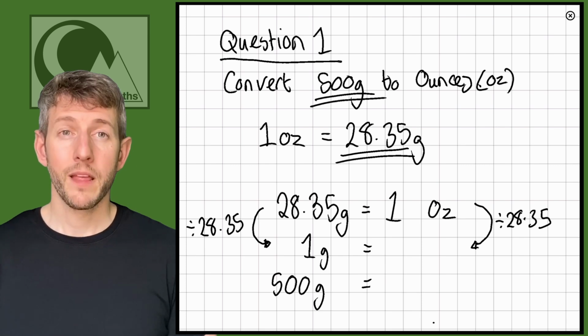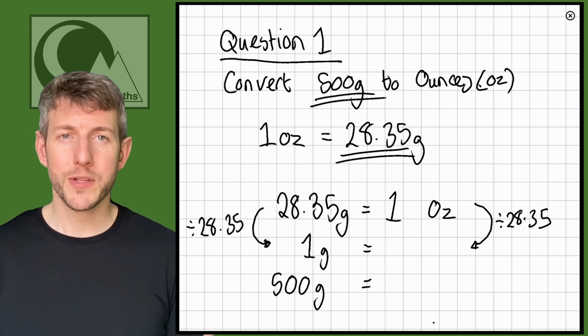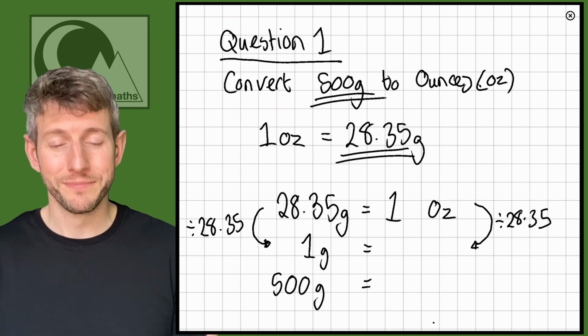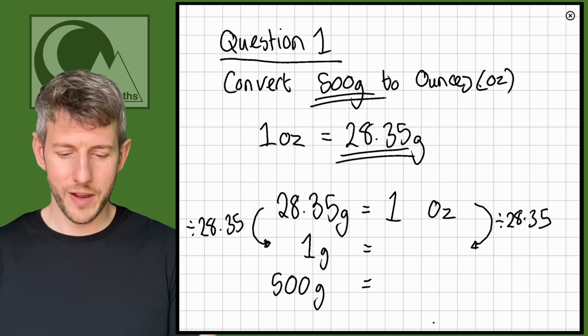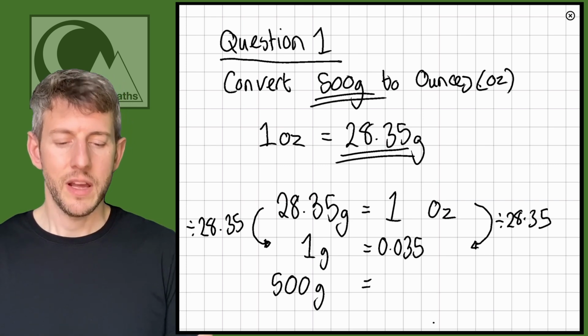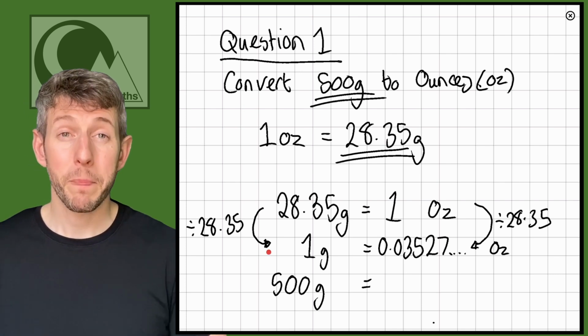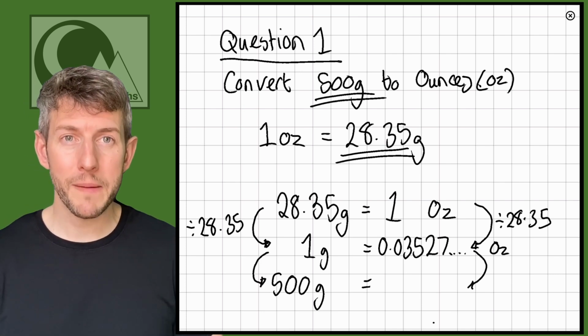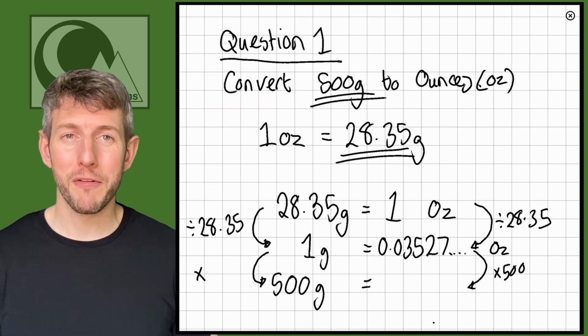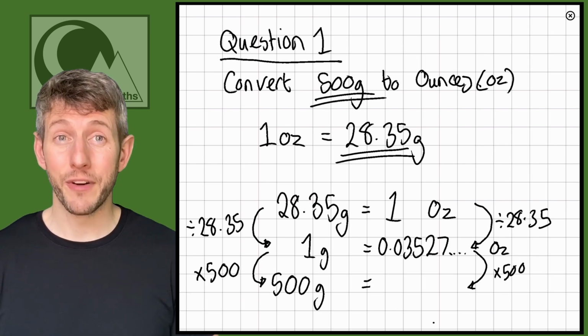28.35 divided by 28.35 gives me 1. And 1 divided by 28.35 equals 0.035273. Okay, now I know the weight of 1 gram. I can multiply both sides by 500 to find out the weight of 500 grams.